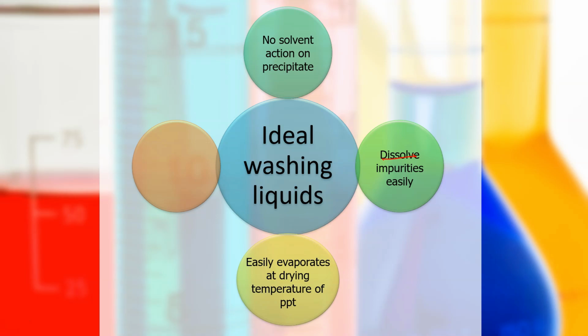This is to make sure that no excess washing agent sticks on the surface of the precipitate. Last but not least, ideal washing liquids should contain no substance that will interfere, which means it is 100% washing agent that will not become impurities for the product.